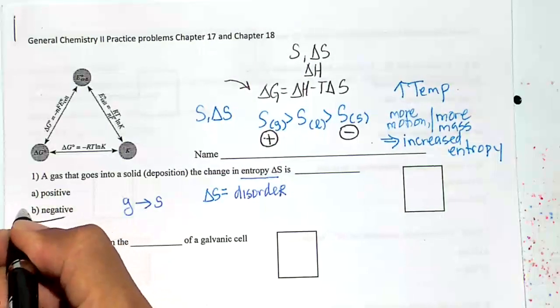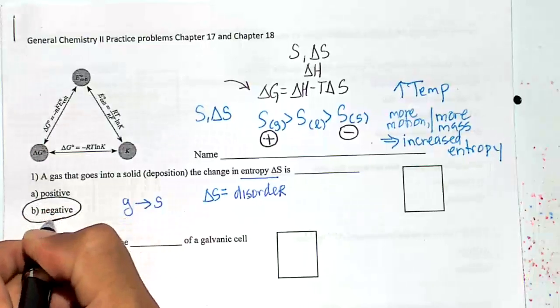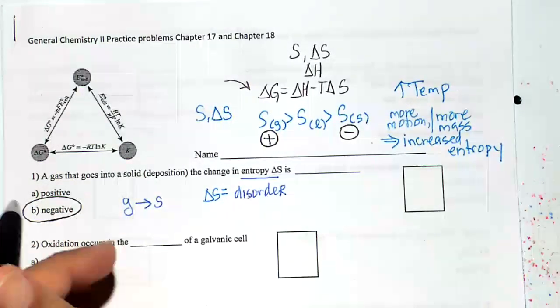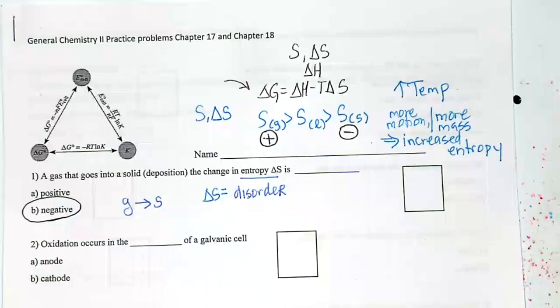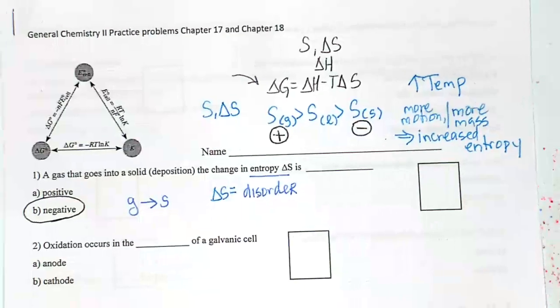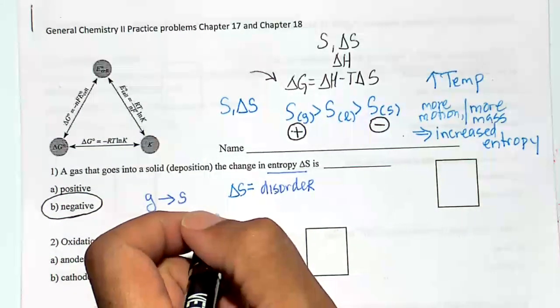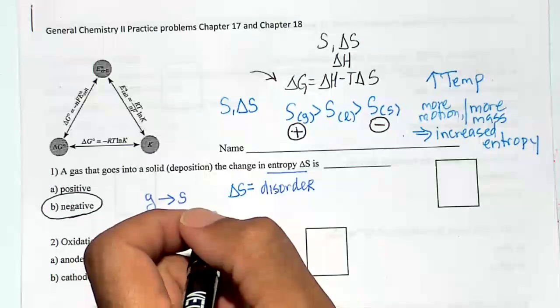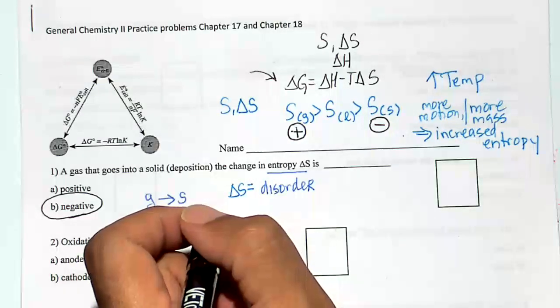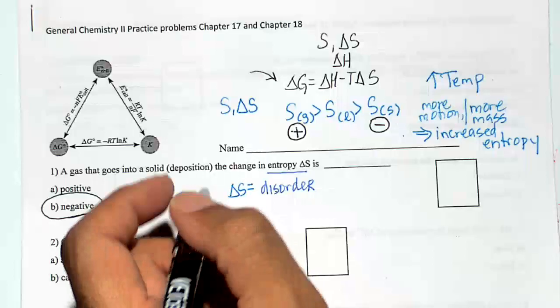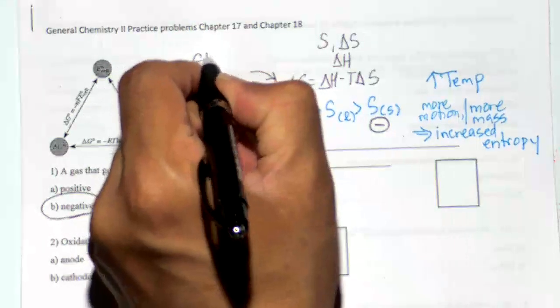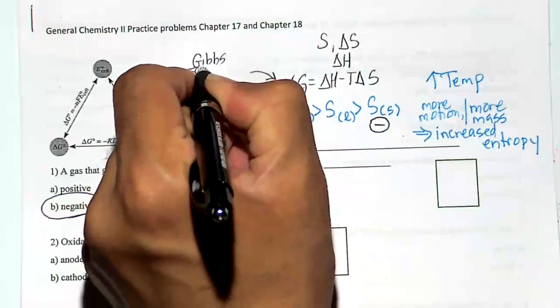So the answer here, a gas going to a solid, do you guys agree with me that it's negative? Yes or no? Yes, okay, right. A gas going to a solid, this is negative.